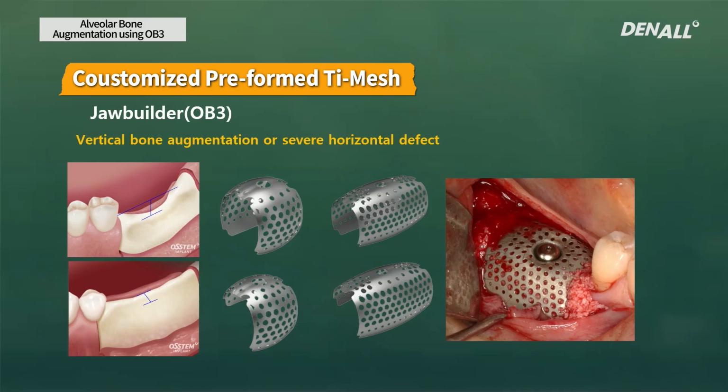As you saw before, there are two types that can be used for severe horizontal or vertical defects. Depending on the mesiodistal lengths, there are two options, 10 millimeters and 20 millimeters. So in total, 4 sizes are available.